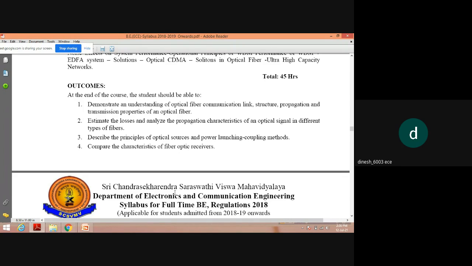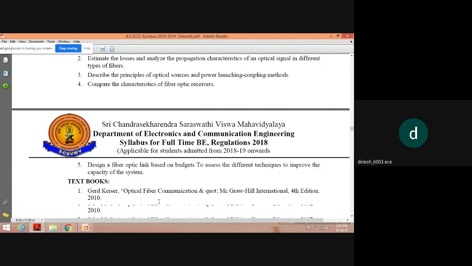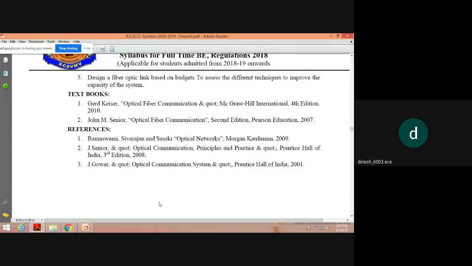You can describe the principles of optical sources and power launch coupling methods. You'll be able to compare the characteristics of fiber optic receivers, which receiver is best in which different case, and at last you'll be able to design a fiber optic link based on budgets, such that you can improve the capacity of the system in terms of minimizing your errors or increasing the data rate.